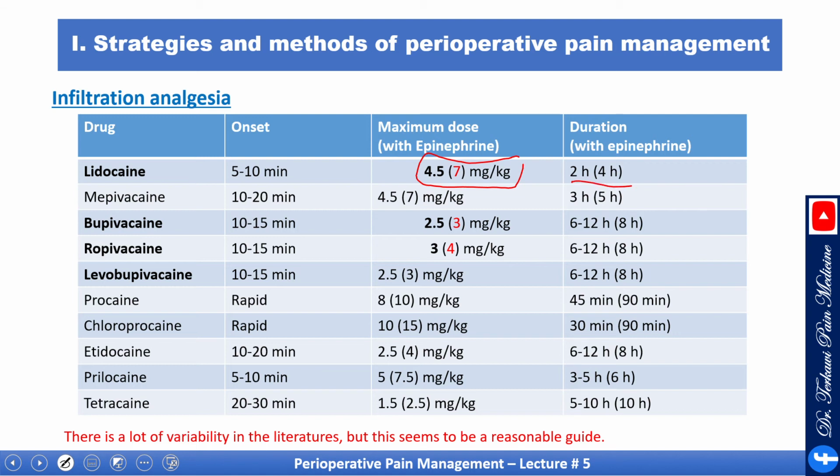Other very commonly used agents are bupivacaine and ropivacaine, with slightly different dosing: bupivacaine is 2.5 without epinephrine and 3 with epinephrine, and ropivacaine is 3 without epinephrine and 4 with epinephrine.